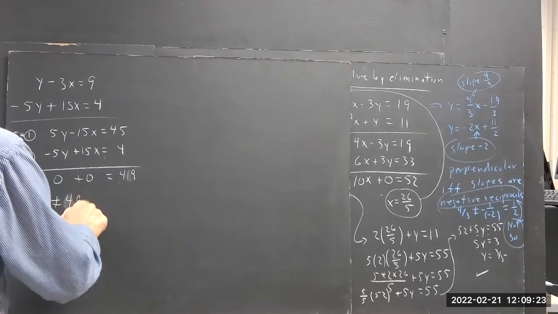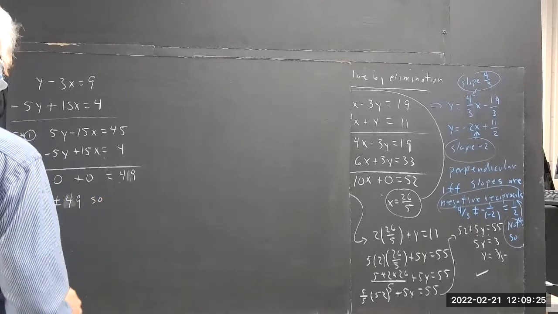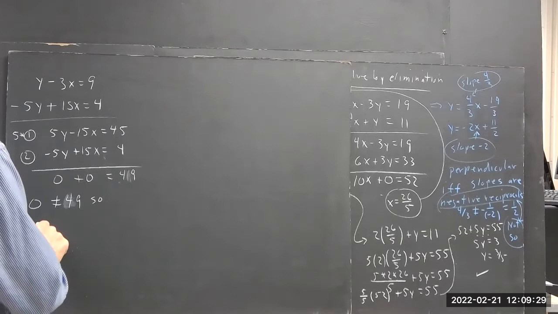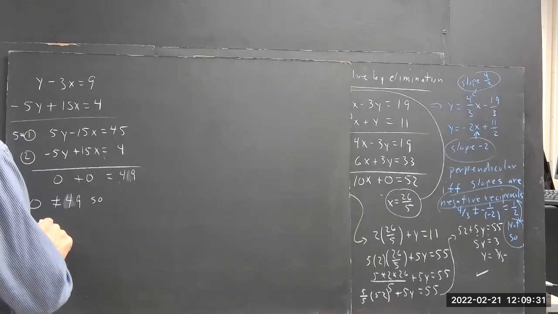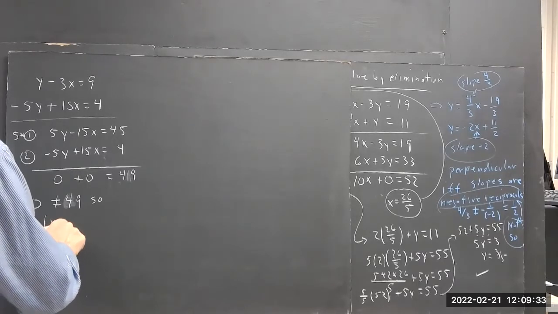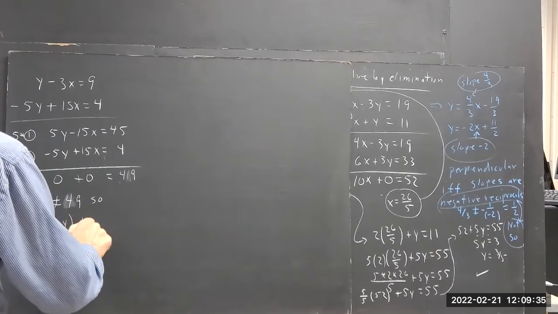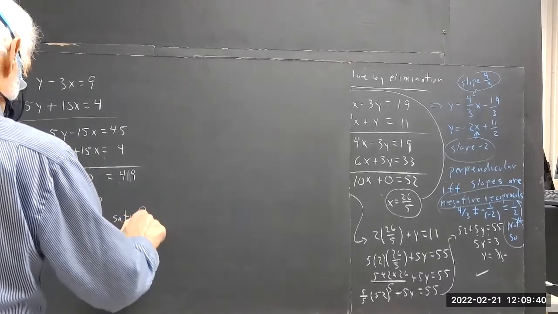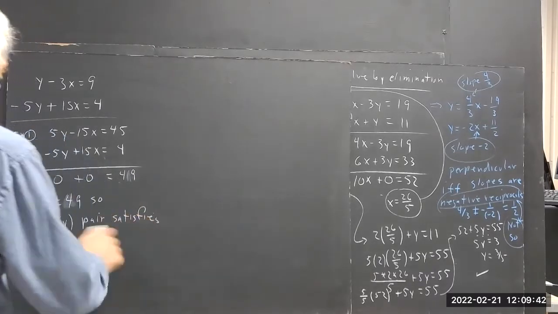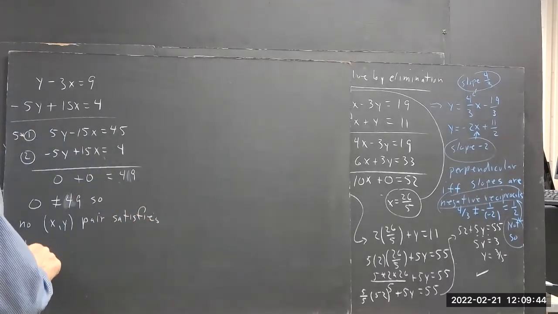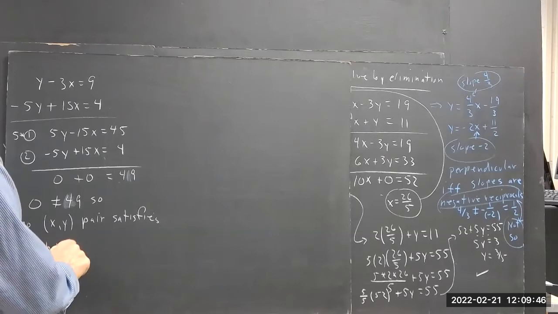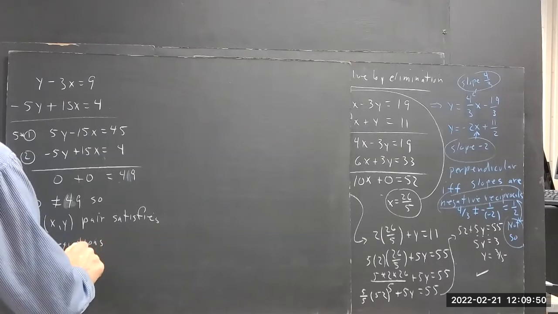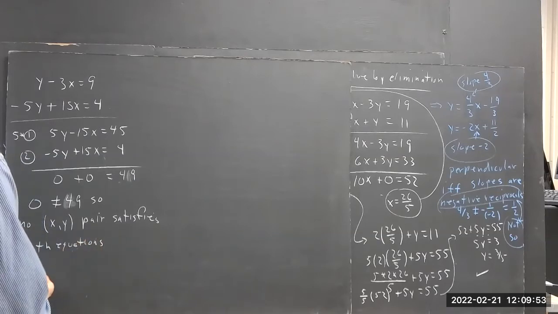Zero is not equal to 49. No xy pair satisfies both equations. Solution does not exist.